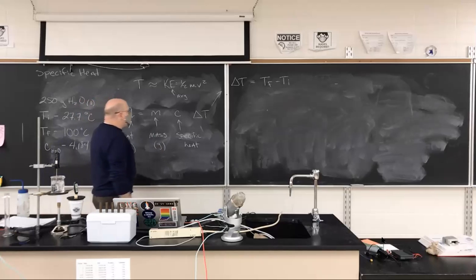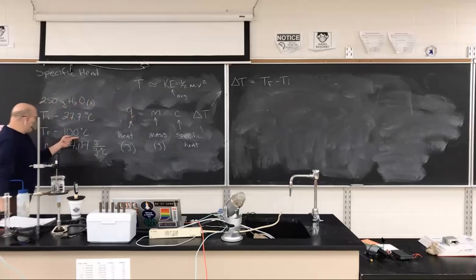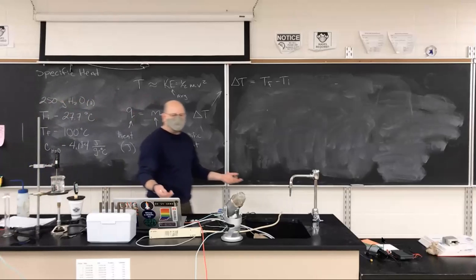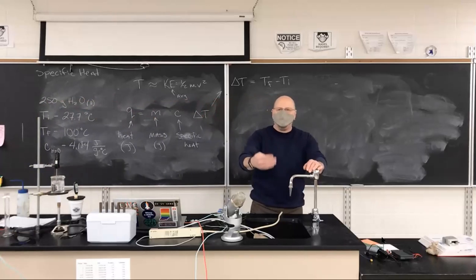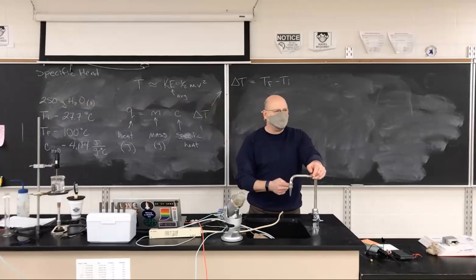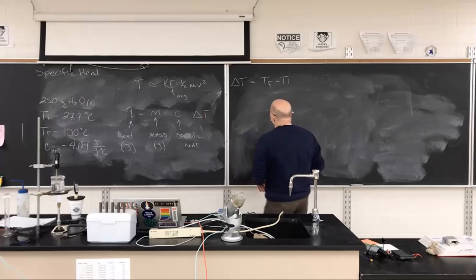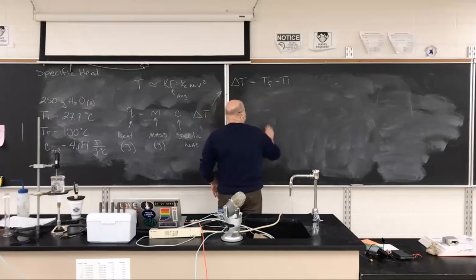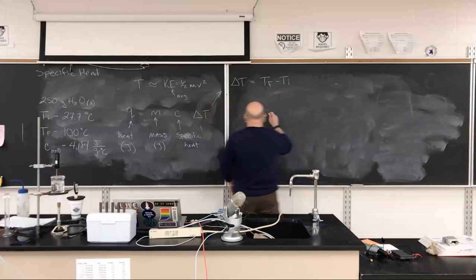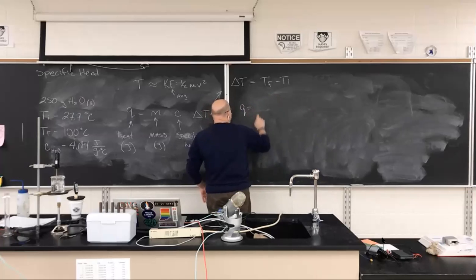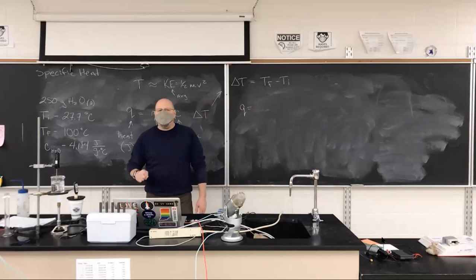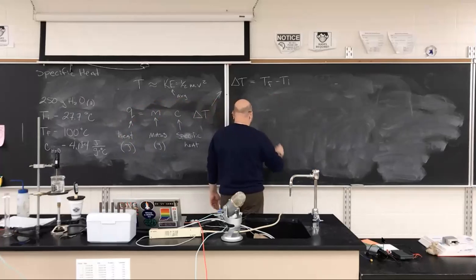Okay? So we can see here that if we have a final temperature of 100 and we started at 27.7, that's going to imply a positive change in our temperature. Therefore, we have gained energy. That's what we want. So the sign's important here. All right, let's calculate how much energy did it take to get the water from 27.7 degrees to 100.